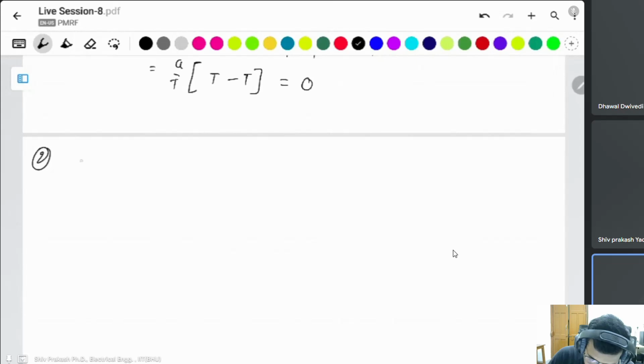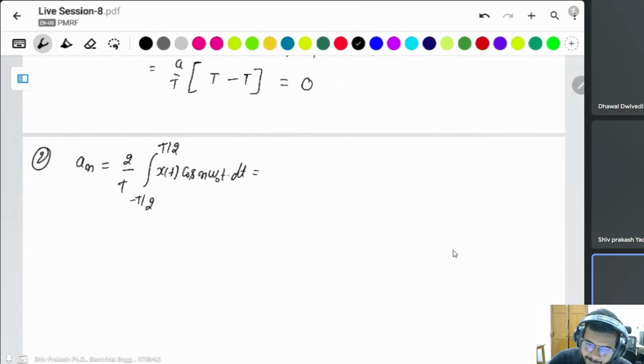Second one is the calculation of a n. This will be the formula 2 by T, minus T by 2 to T by 2, x(t) and cos of n omega naught t dt.